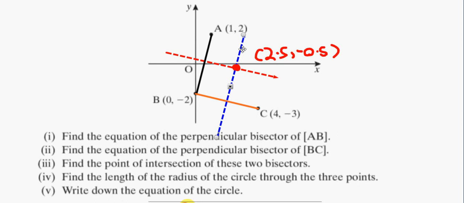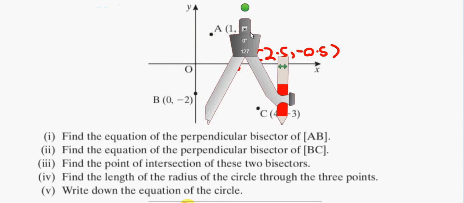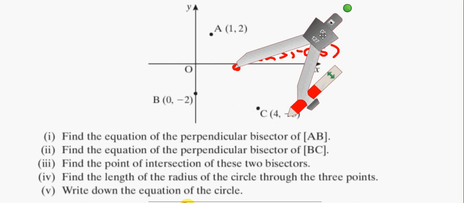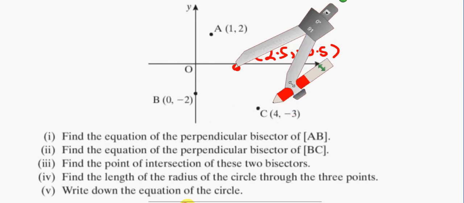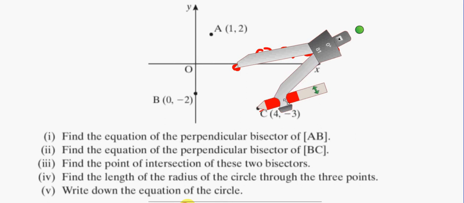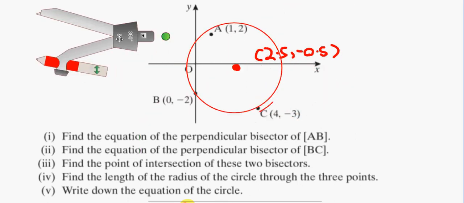If you were asked to get the radius, what would that mean? If this is the center of the circle, what would be the radius then? How would you get the radius if that is the center of the circle? What could you do?